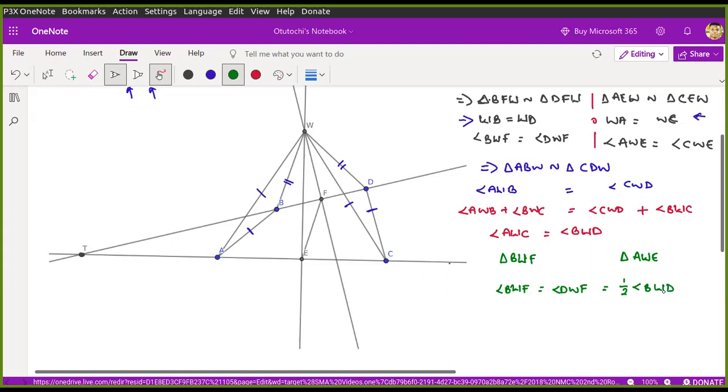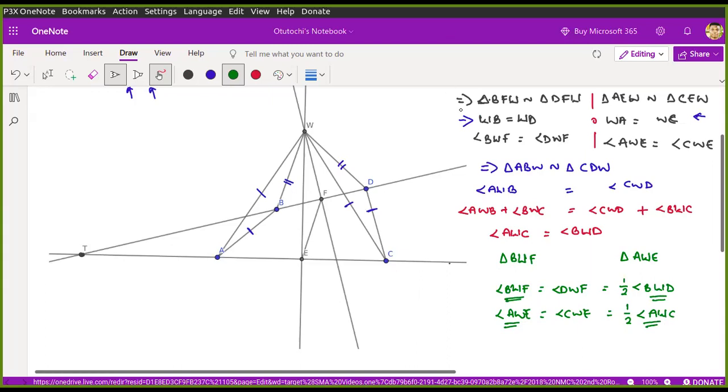Then we also know that angle AWE is equal to angle CWE, and they sum up to angle AWC, so each is equal to half of angle AWC. So we have angle BWF equal to half angle BWD, and angle AWE equal to half angle AWC.